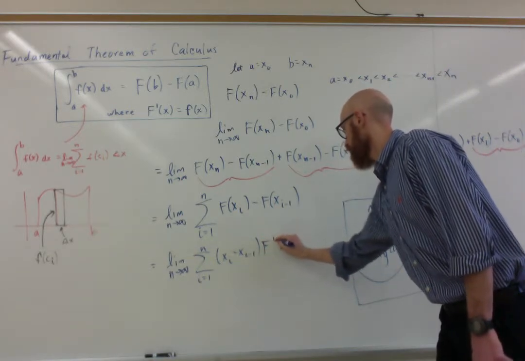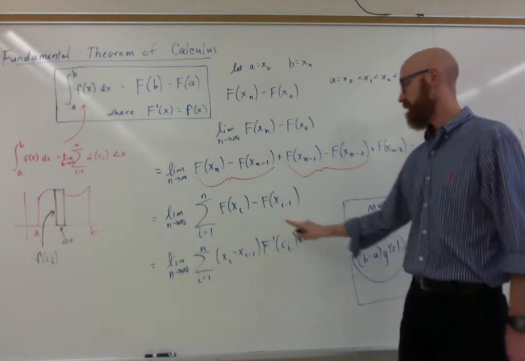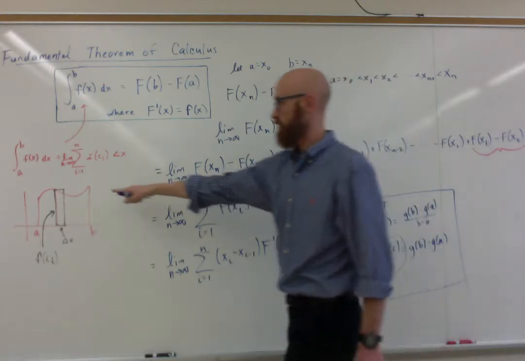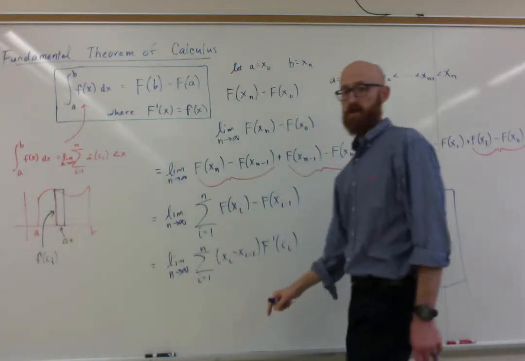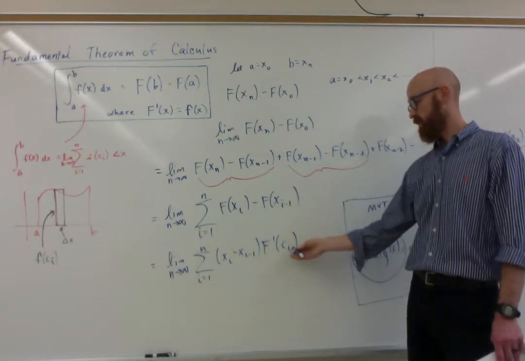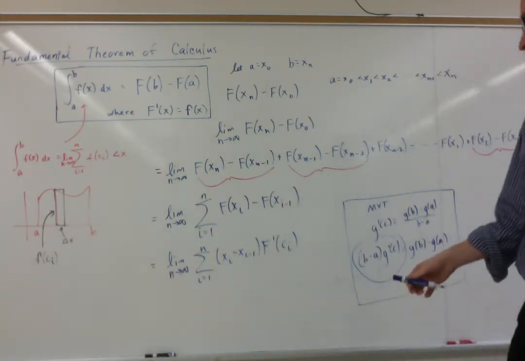So big F prime of some value, which I'm going to call c sub i, because each rectangle is different, right? We'll go back to this drawing. Each rectangle is different, so the ith difference has its own special constant that does the job. That's why I've called it c sub i.